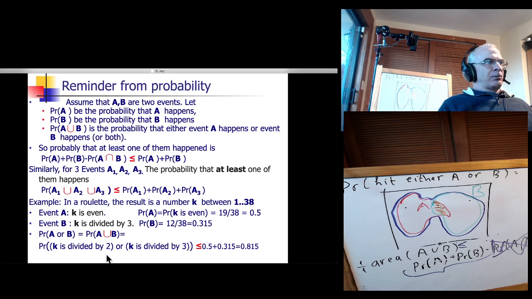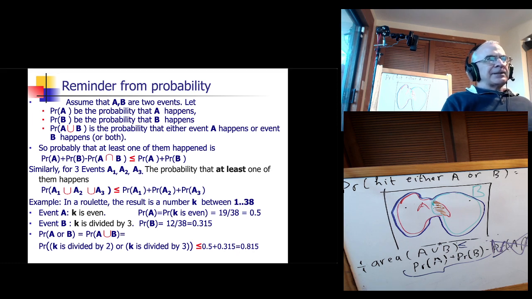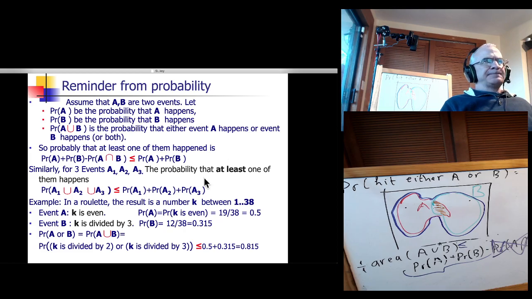In the case of the roulette, the chance that you hit either a number divisible by 2 or a number divisible by 3 is smaller than the sum of these two probabilities, half plus a third, and you're getting about 0.8. Maybe you will get a number larger than 1, and maybe it's meaningful, maybe it's not, but at least it gives you some bound. Okay, did I say anything controversial over here?